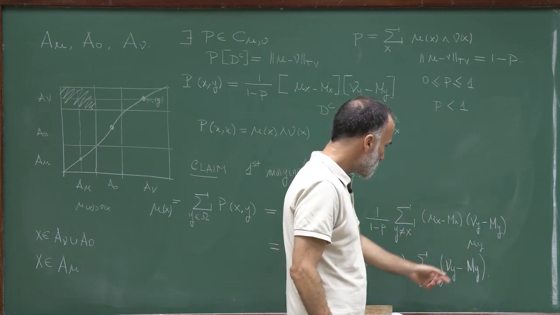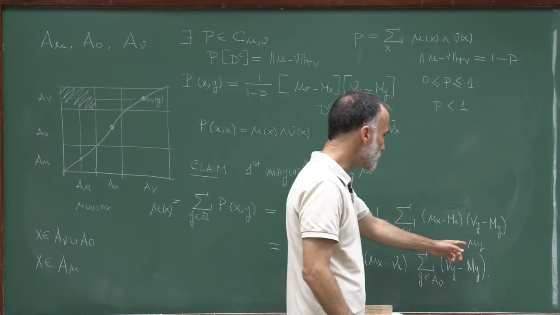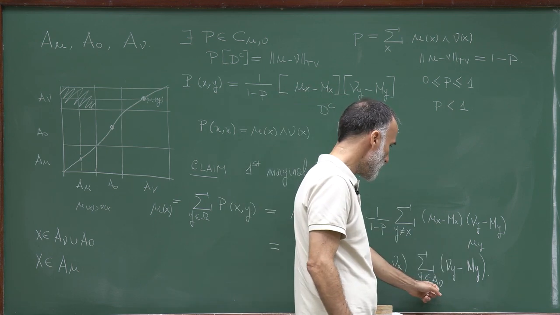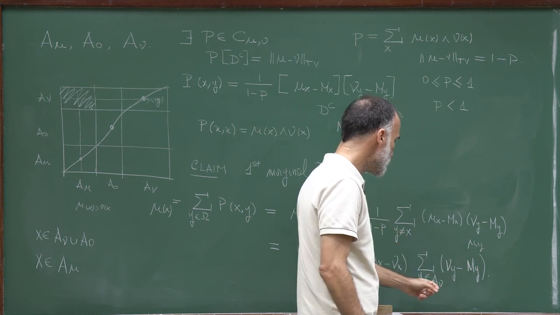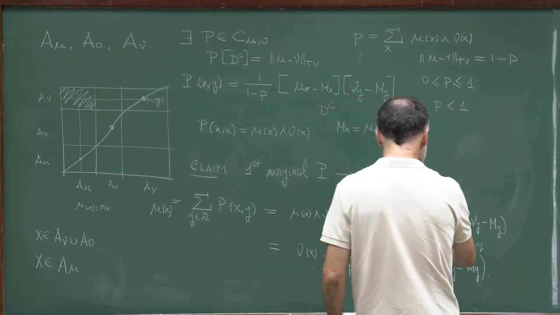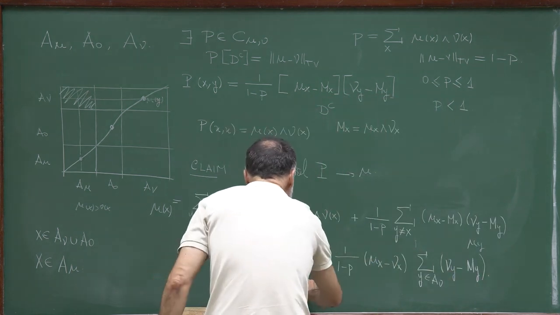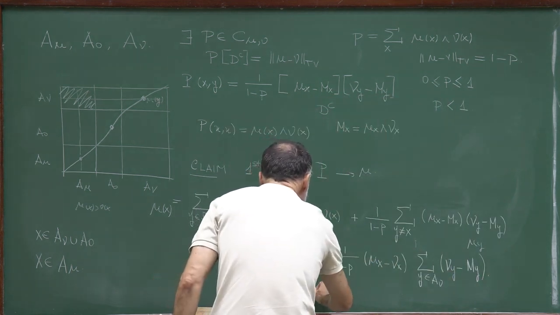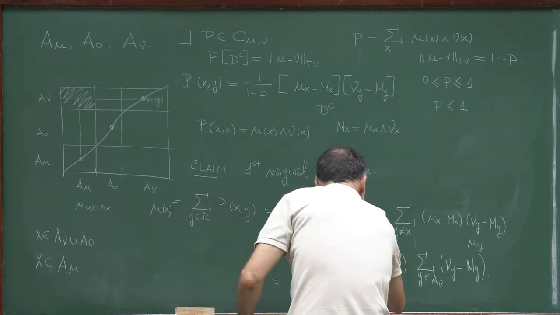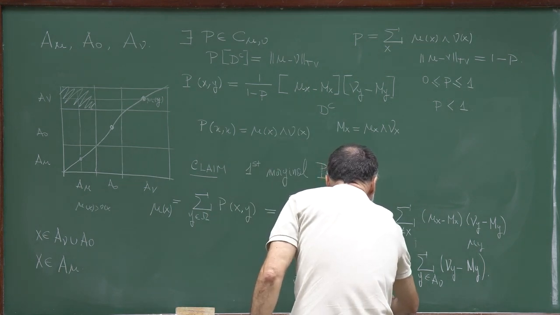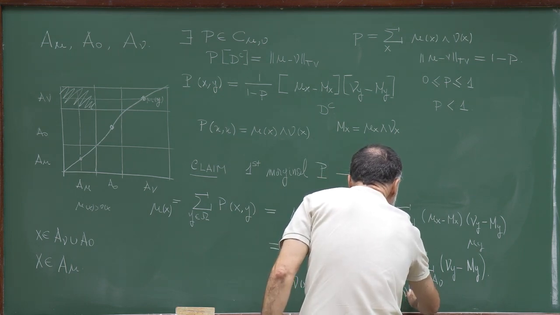And after this replacement, here I get exactly the total variation distance between nu and mu, because I'm summing over all points at which nu is larger than mu, and I'm summing the difference. So this quantity here is actually the total variation. That gives me that this is equal to nu(x) plus 1 minus p, times (mu(x) minus nu(x)) times the total variation between mu and nu.